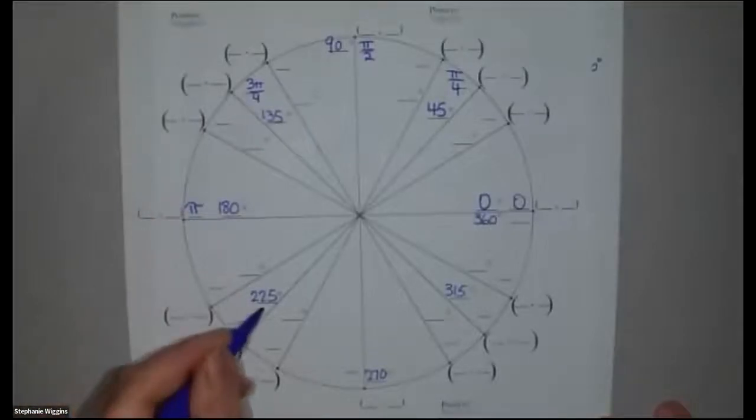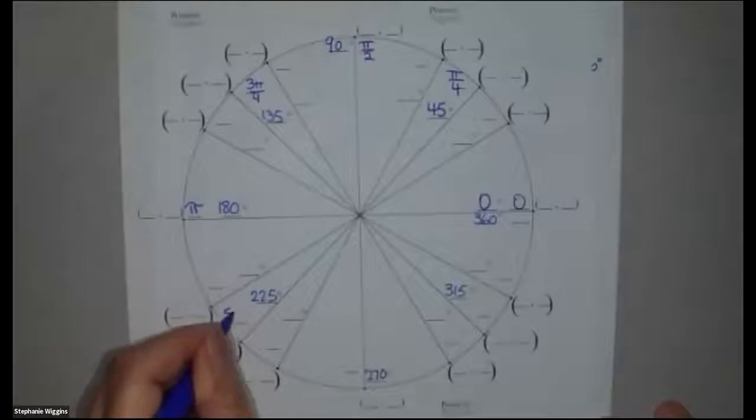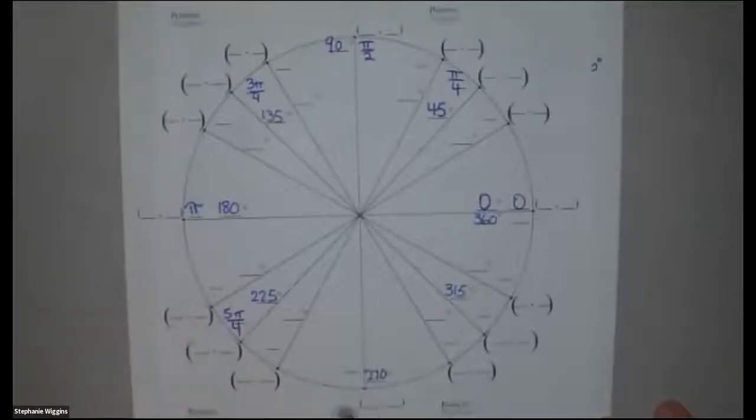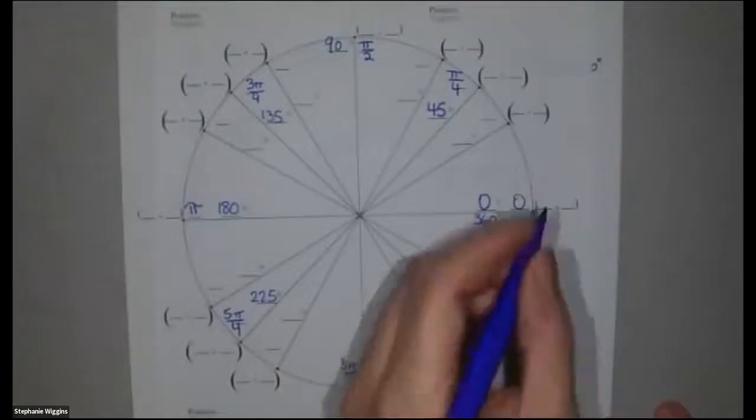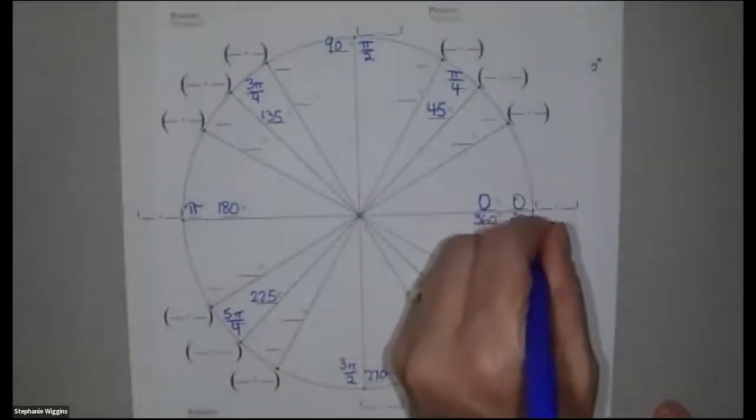And 225 is 5 pi over 4. And then here we've got 3 pi over 2, 7 pi over 4, and then of course back up to 2 pi. Okay?